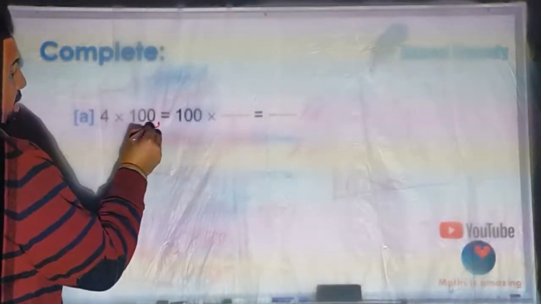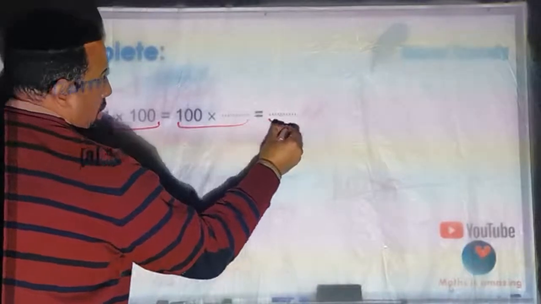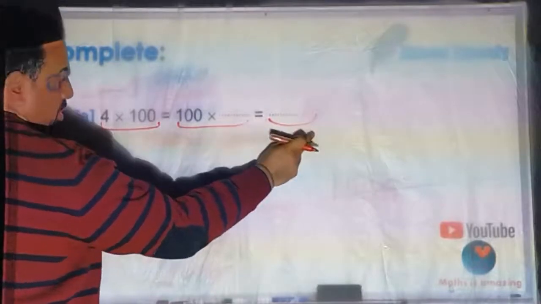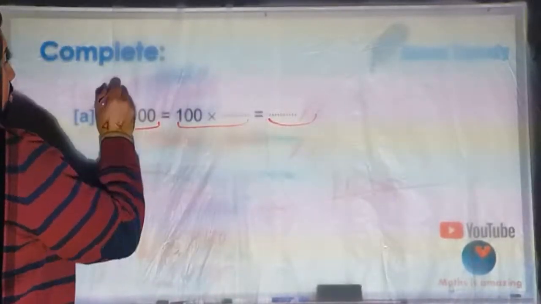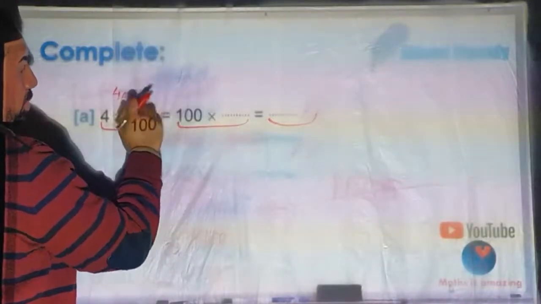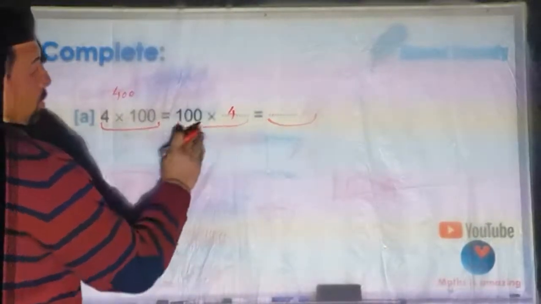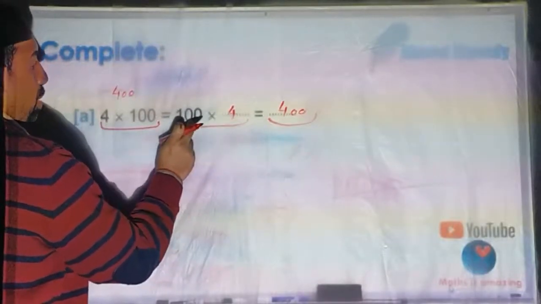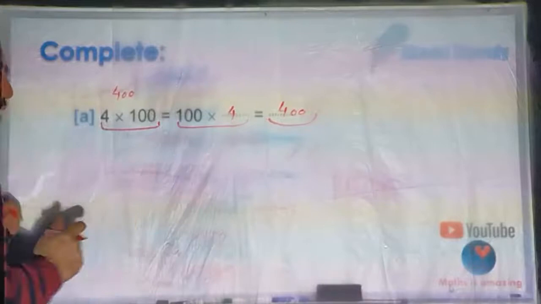This question: complete. 4 times 100 equals 100 times what? Equal the result. Okay, let's take it as plates. The result here must be equal, the result here must be equal, and the result here. 4 times 100 will be 400. 100 times what equals 400? It will be 4. 4 times 100 will be 400.